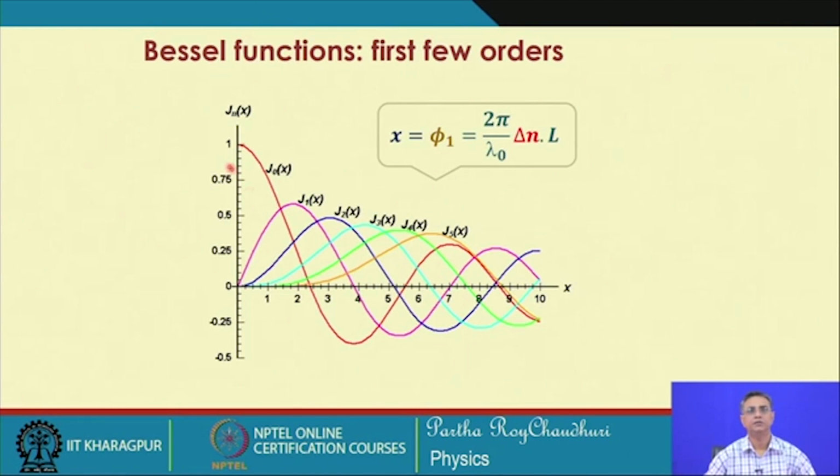Therefore, for the various orders of Bessel function, we may recall that this is J0, J1, J2, etc. They have different 0 crossings, and it is only J0 which is maximum at x equal to 0, in this case phi 1 equal to 0.